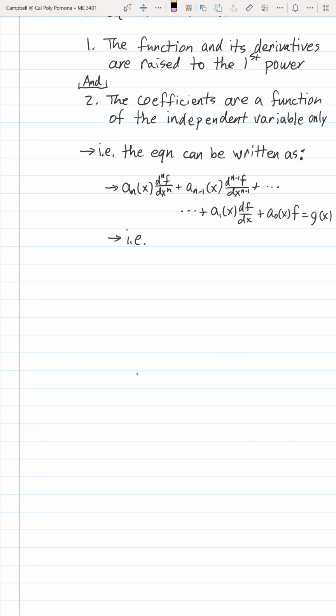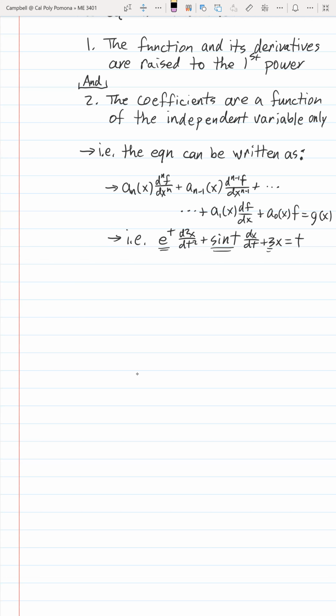As some examples, we have e to the t times d squared x dt squared plus sine t dx dt plus 3x is equal to t. That would be a linear differential equation because the coefficients, albeit two of them are non-constant, the third one is constant.